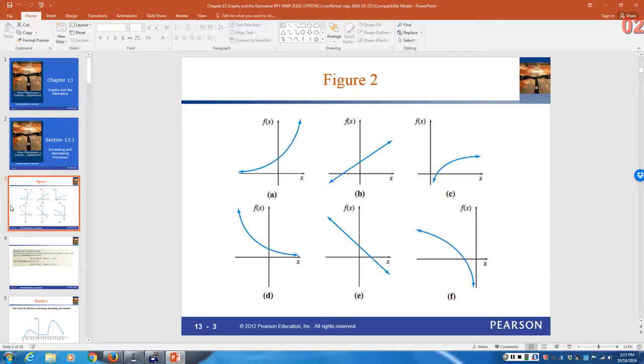What about graph B? It is also increasing, but it is increasing at a constant rate because its slope remains the same through the entire domain of the function. This one, the slope changes through the entire domain, but the slope is always positive because the function is always increasing. Okay? What can you say about function C?